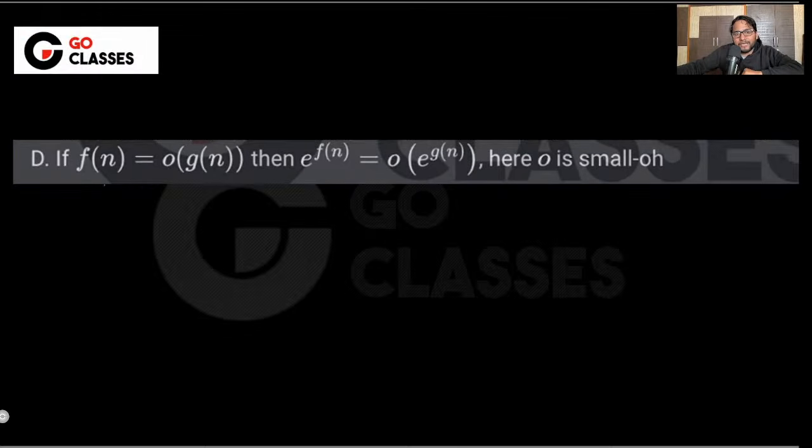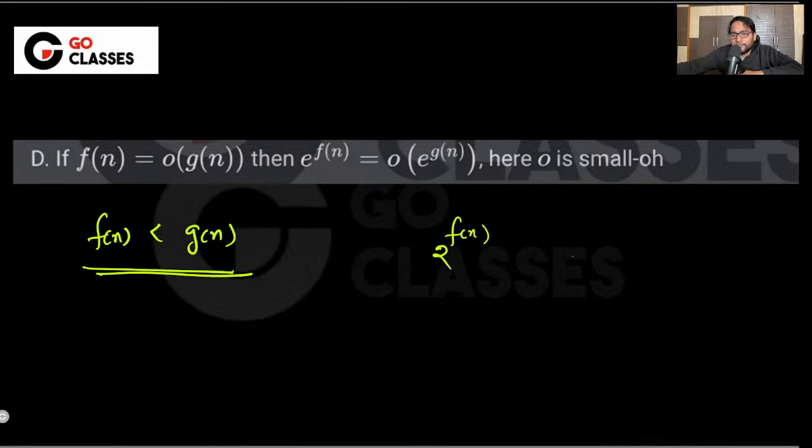They are saying f(n) and g(n) are related like this, that f(n) is strictly lesser than g(n). I should in fact be writing c, but I'm not currently writing it anyway. So now they are saying that if f is strictly lesser, which means g(n) is strictly greater, then after power, let's take 2 power or any other power, e power or anything, what do you think happens?